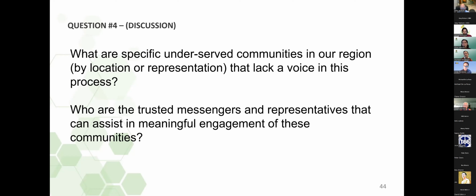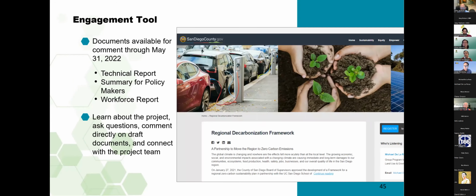Just really quickly, chapter 3 of the technical report talks about the need for electric vehicles and transportation electrification in circumstances where VMT reduction is not currently possible or may not be possible in the future.